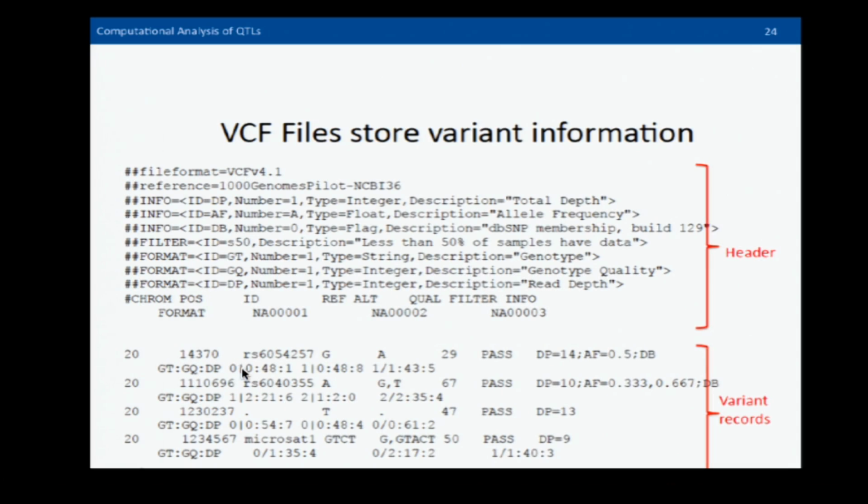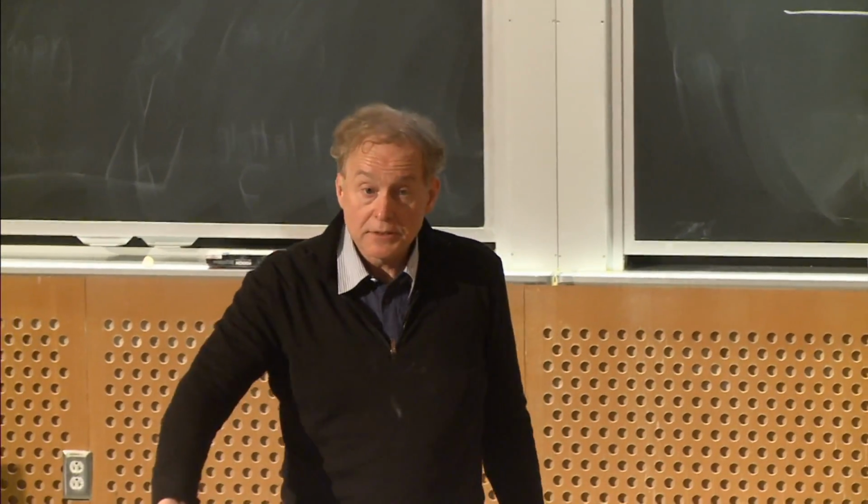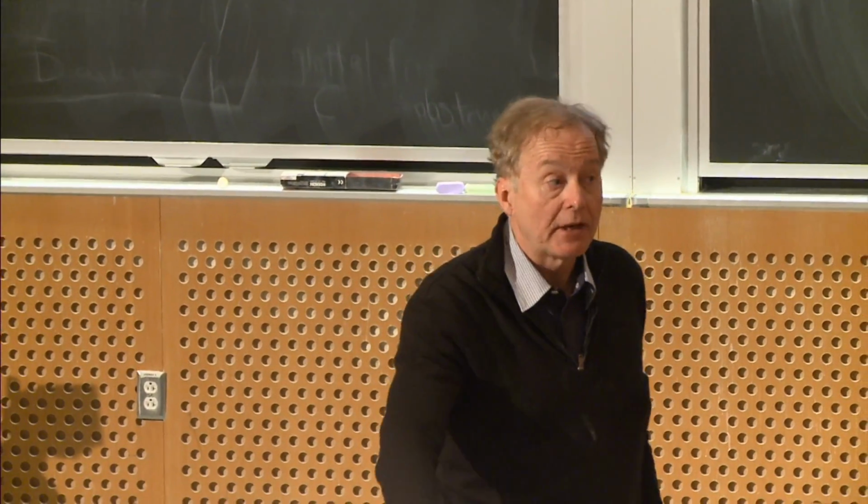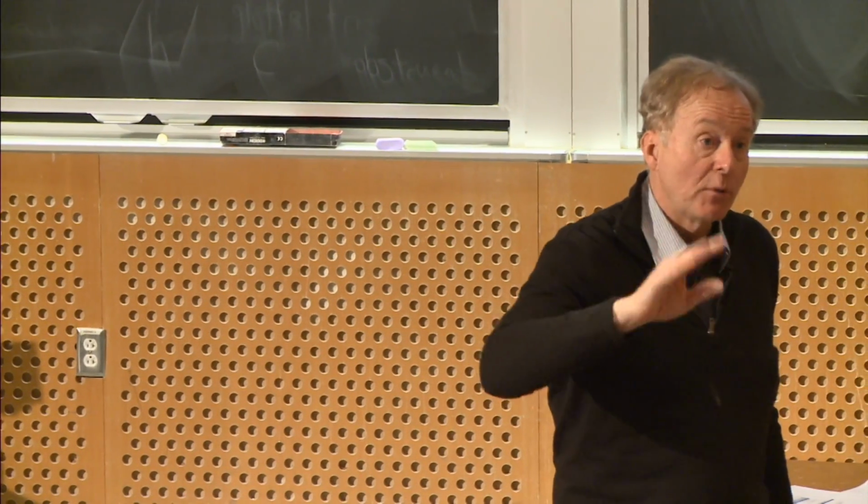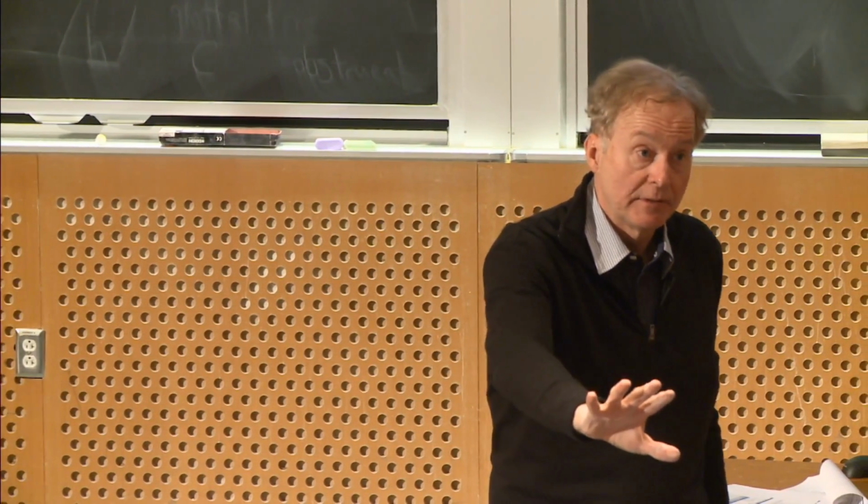So you have one person, second person, third person, along with which one of the alleles, 0 or 1, they have on each of their chromosomes. Okay? So this is the output. You put in raw reads, and what you get out is a VCF file that for bases along the genome calls variants. Okay?